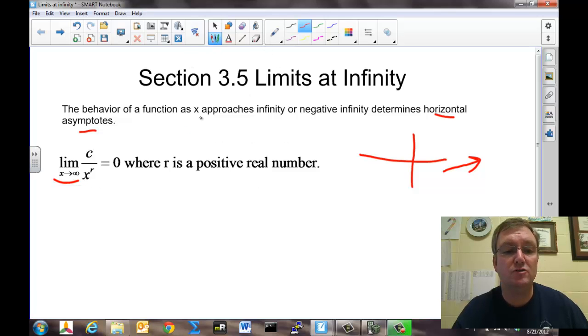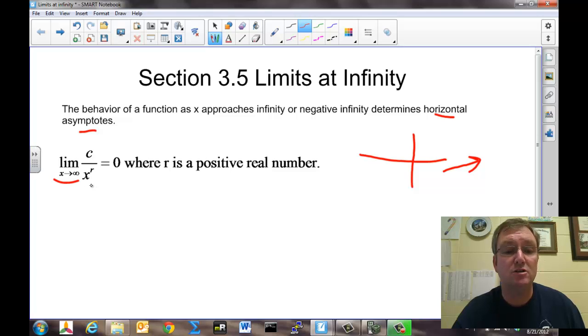If you think about trying to evaluate this function numerically, if we put numbers in for x, larger and larger numbers, and we raise them to a power, even x to the first or x to the second or x to the third, any positive power, this number on the bottom is getting larger and larger. Well, the numerator is staying the same, so we're taking a number and dividing it by a different number that's getting larger and larger and larger.